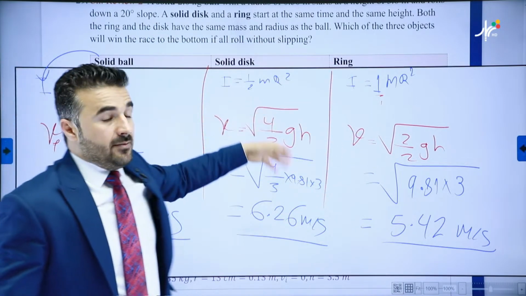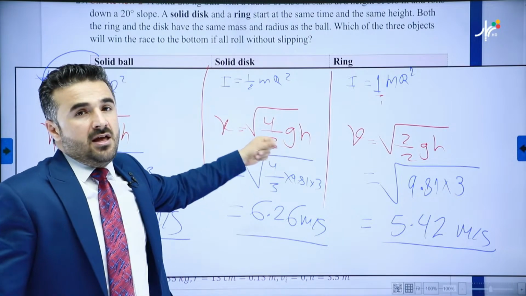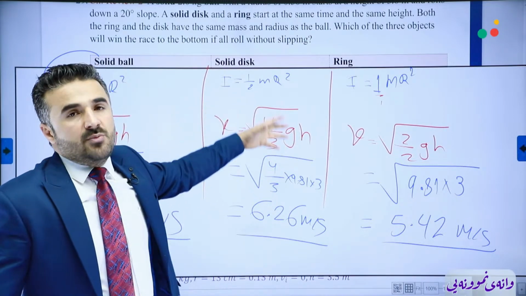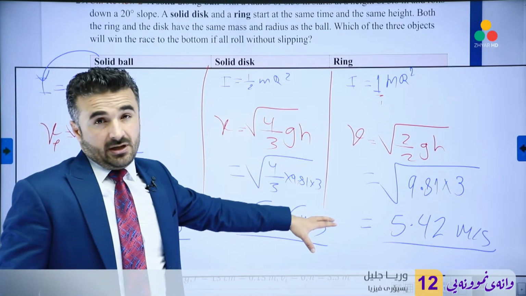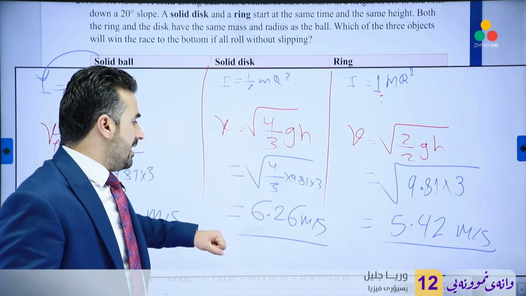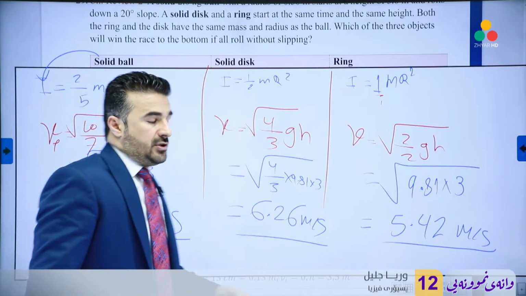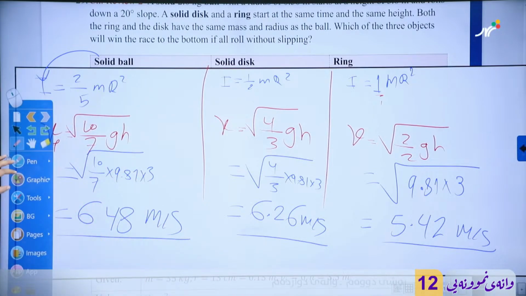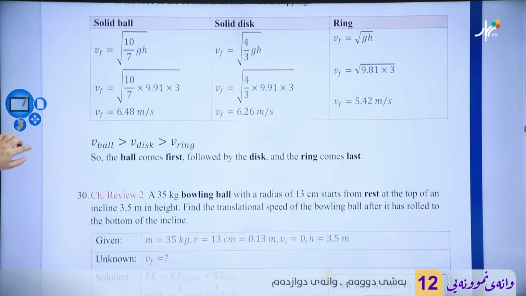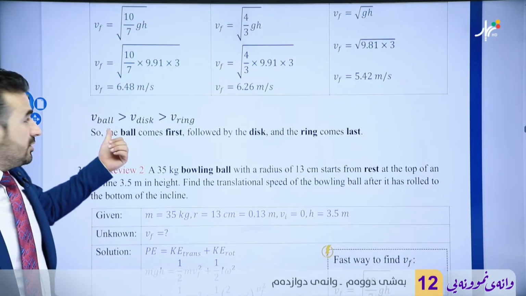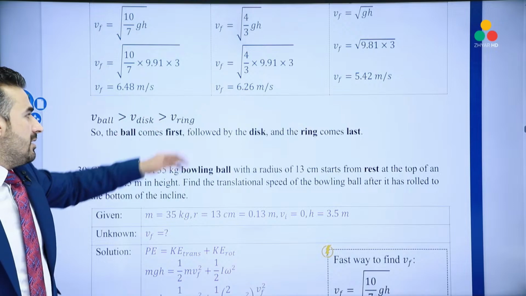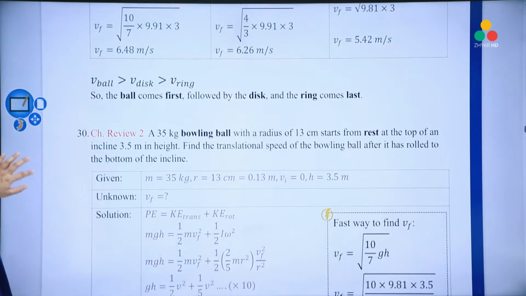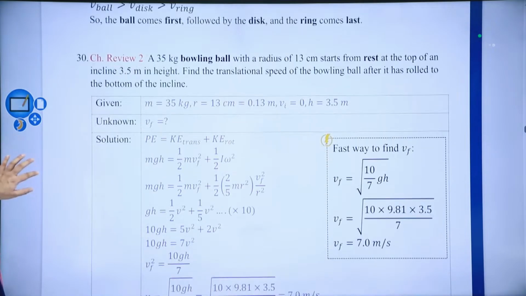But since they have the same height, the same mass, and the same radius, in this case the shape of the object determines which object reaches the bottom first. In our case, it is the beloved solid ball. So the translational speed of the solid ball is the greatest, the disk comes after, and lastly, the ring. So here's what we have.